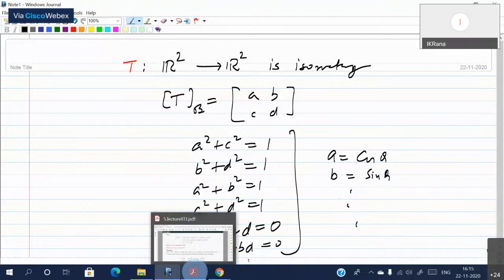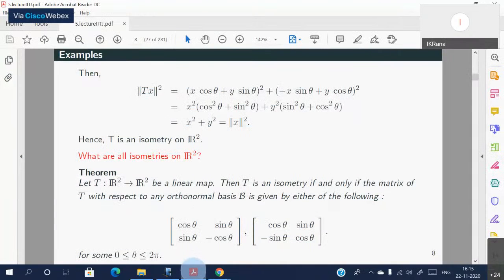So you'll get the required result, namely the only possibilities are cos theta, minus sin theta, sin theta, cos theta, where theta is an angle between 0 and 2 pi. So this gives you all the isometries of R2.